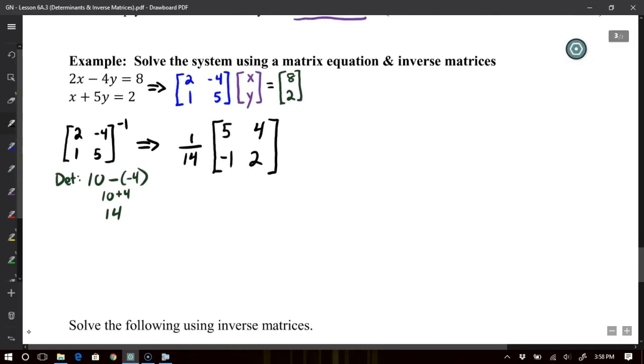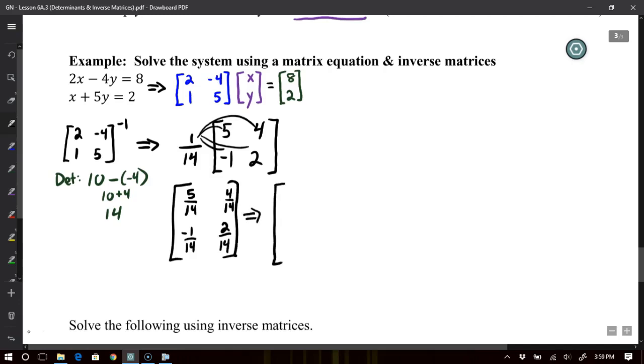When we do the scalar multiplication, the 1 over 14 gets multiplied to everything: 5 over 14, 4 over 14, -1 over 14, and 2 over 14. And of course, two of those can be simplified. I have 5 over 14, 2 over 7, -1 over 14, and 1 over 7.